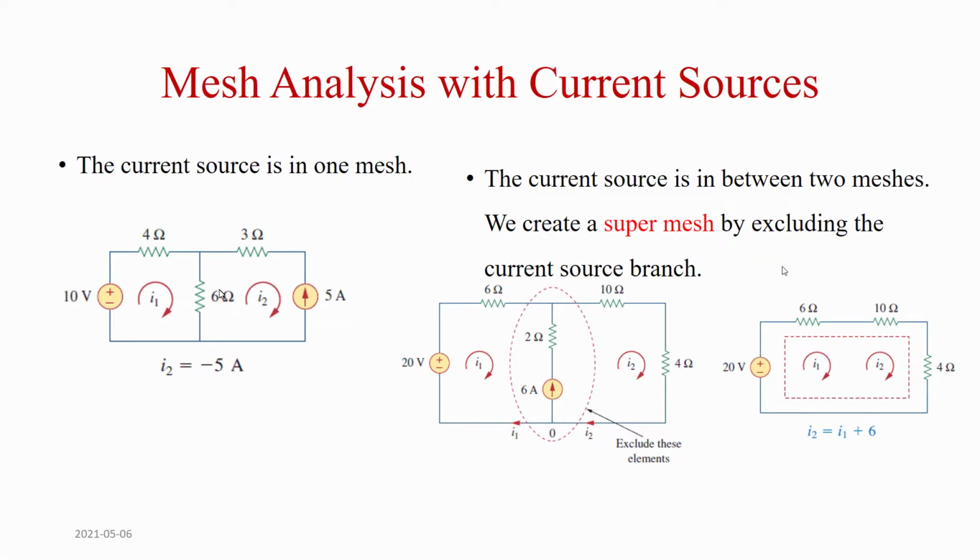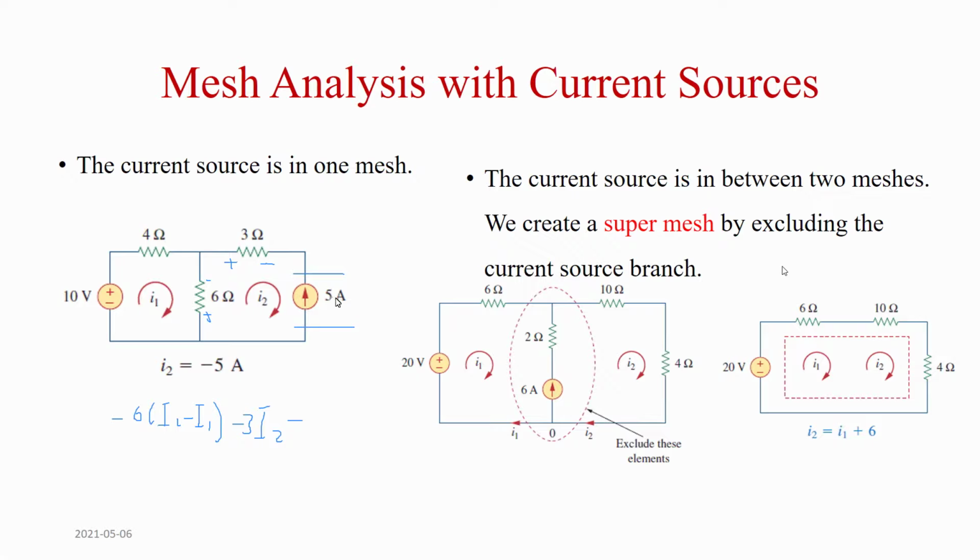For example, if I start in the second loop here, I can go by my polarity. The voltage here is minus 6 times (I2 minus I1), then minus 3 I2, then what is the voltage here?